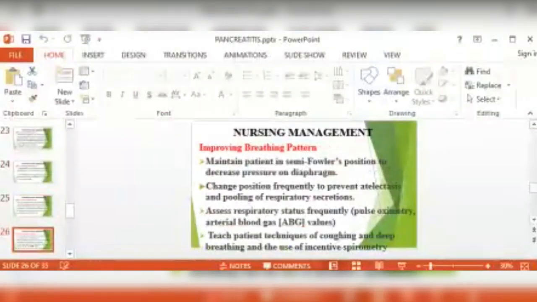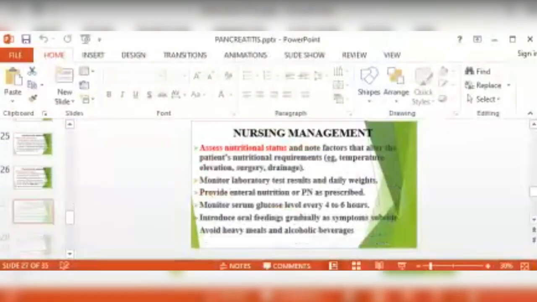Then improving breathing pattern, so you know what to do for your patient.